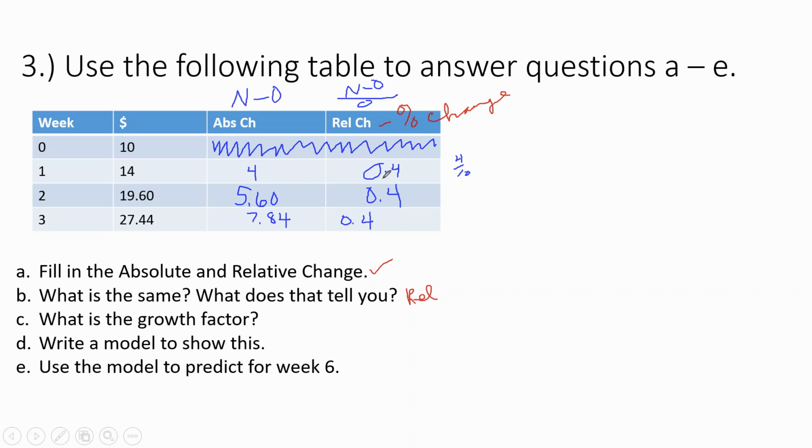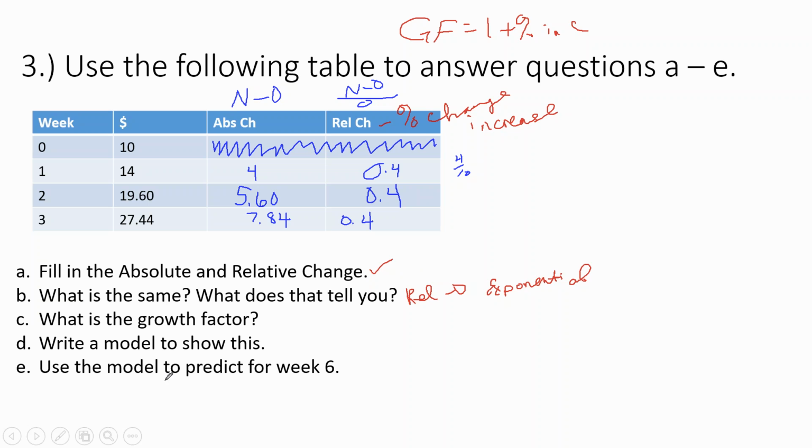And these are all positive, so not only are they percent change, but they're percent increase. And we just talked about growth factor being 1 plus the percent increase. So the fact that relative change is the same means we have an exponential model. We're going to get to what it means if absolute change is the same in a little bit. That's the last problem of the day.